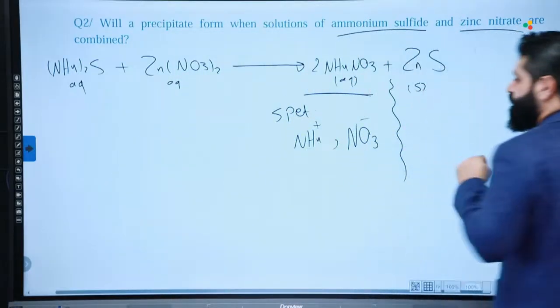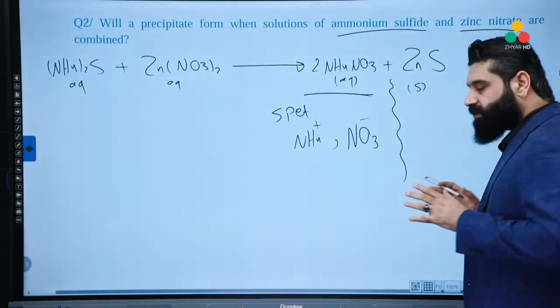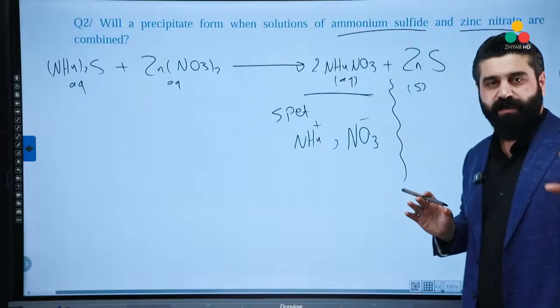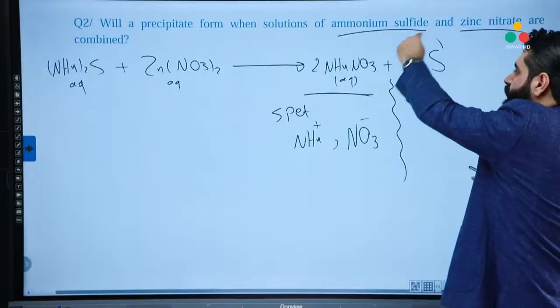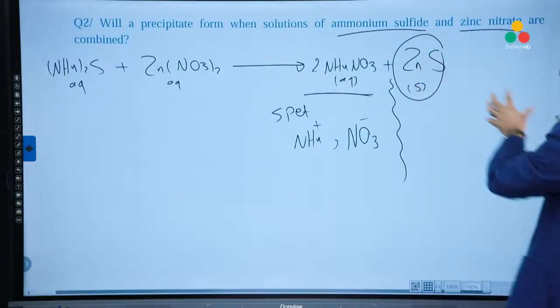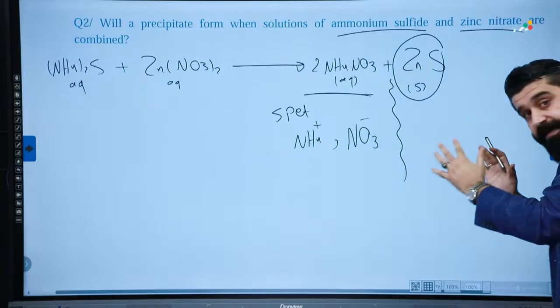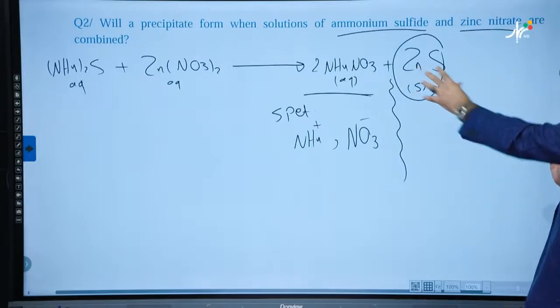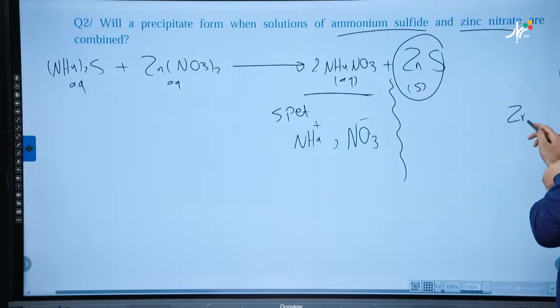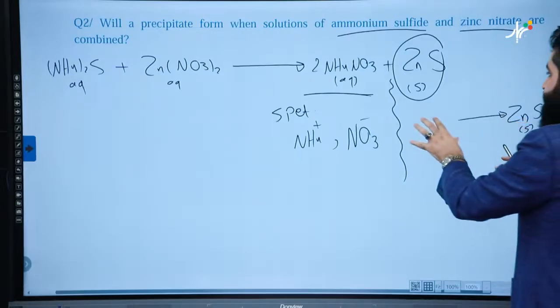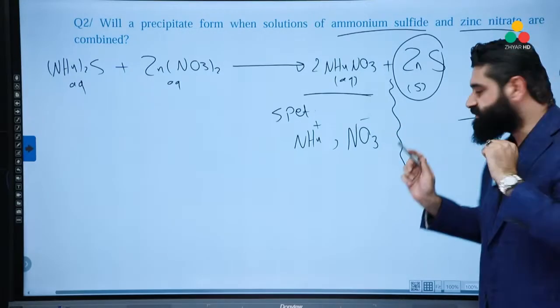Here, how about the net ionic equation? In order to have a net ionic equation, there must be a solid compound. This is the solid compound. Bring the solid to the product side, which is ZnS, okay? And on the reactant side, there must be the ions.